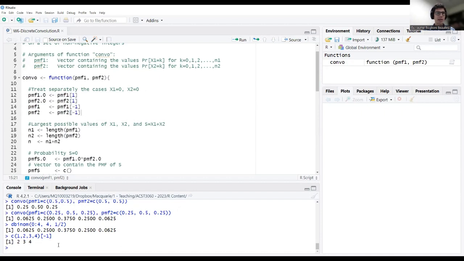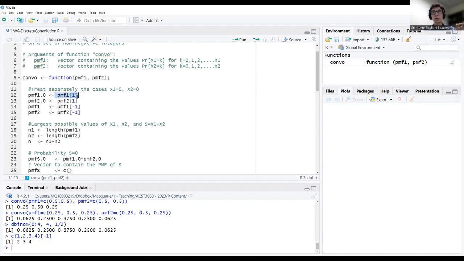The point is just this: in R, the first element of a vector has index 1. If the first element of a vector in R had index 0, then I could have avoided doing this, because then PMF1[0] would be what I want, the probability that x1 is 0. But that's not the case.